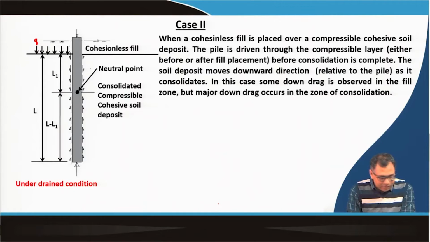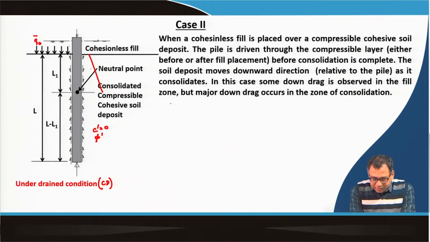So to calculate the L1 value, as we have mentioned, this is the fill that is acting on this compressible layer. Again the distribution is like this. Again, this is the drained condition, because it is clay soil under consolidation. So the drained condition means C dash will be 0, there will be phi dash only, under CD test condition.